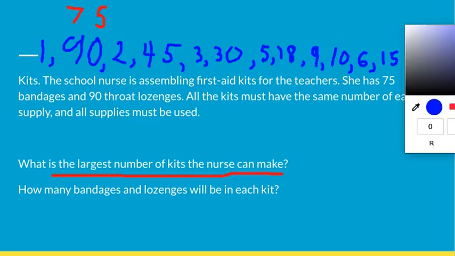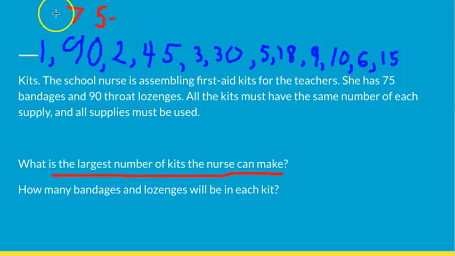All right, let's get our other ones. Obviously 1 and 75. 5 and 25. Let's see, 3 and... I know what I did wrong.